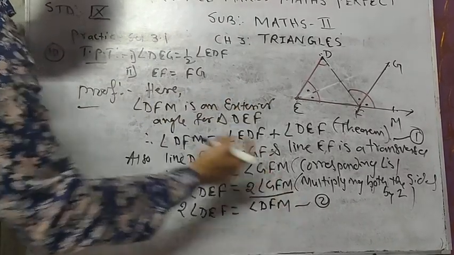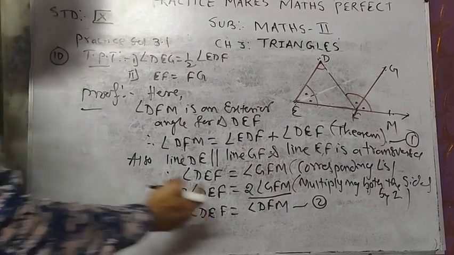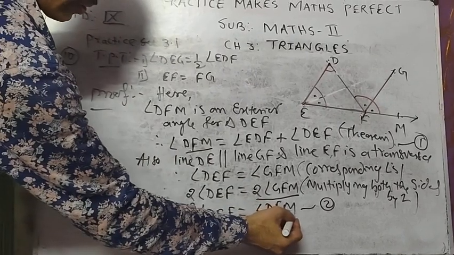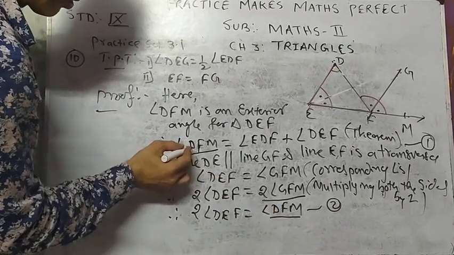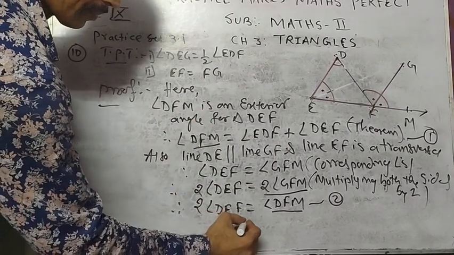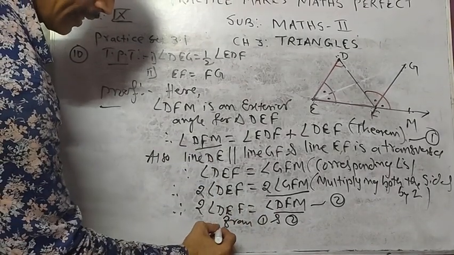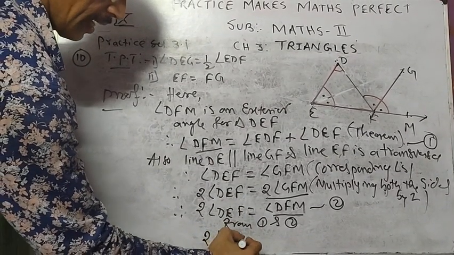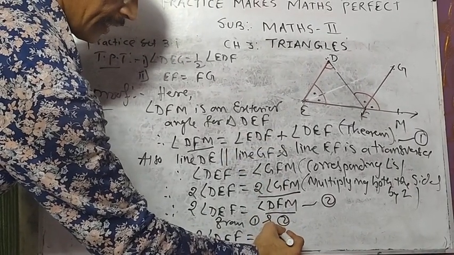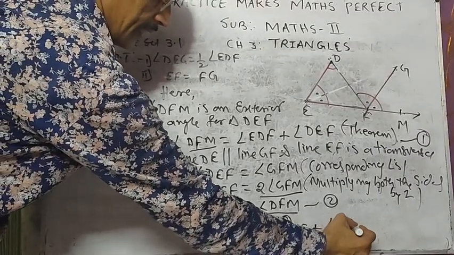From 1 and 2, you can see DFM here and DFM there. In the place of DFM you can write twice angle DEF. So from 1 and 2, twice angle DEF is equal to angle EDF plus angle DEF.